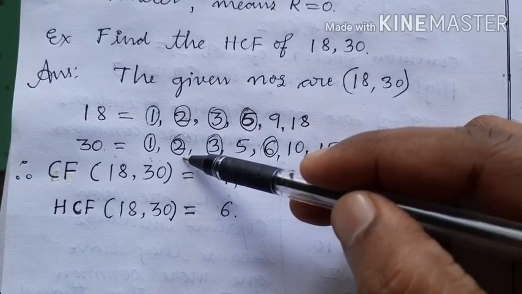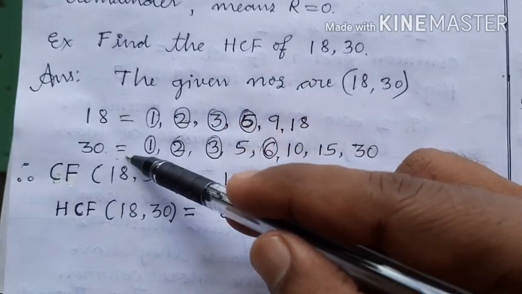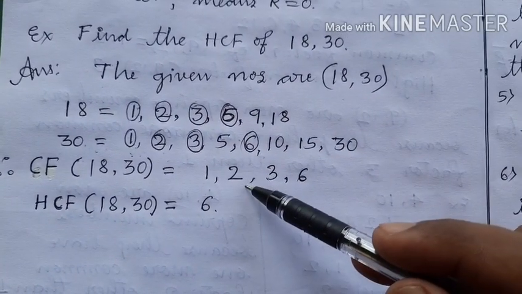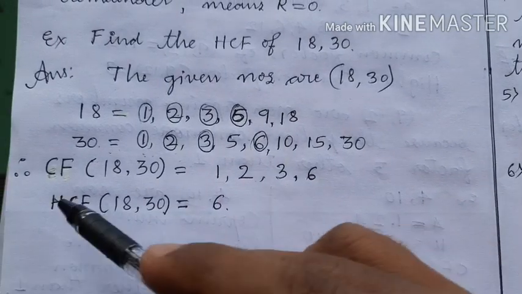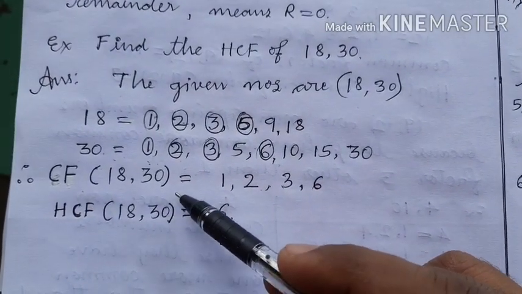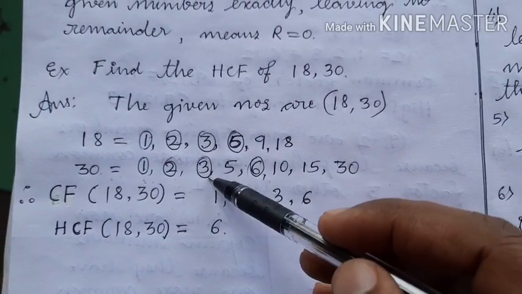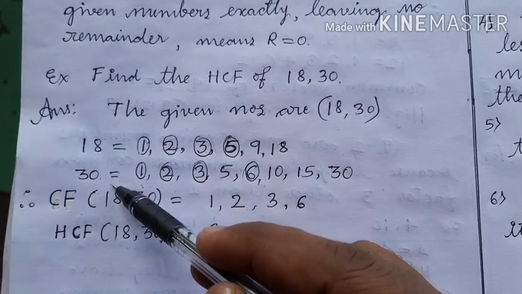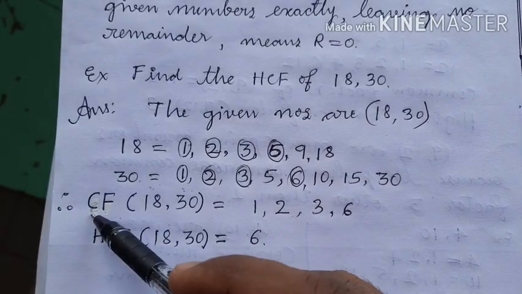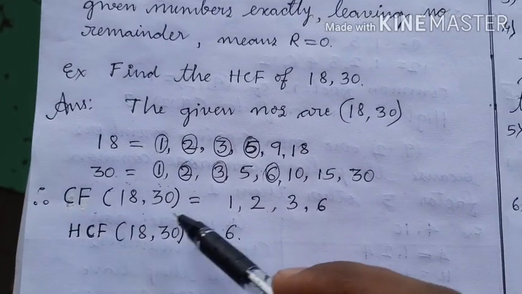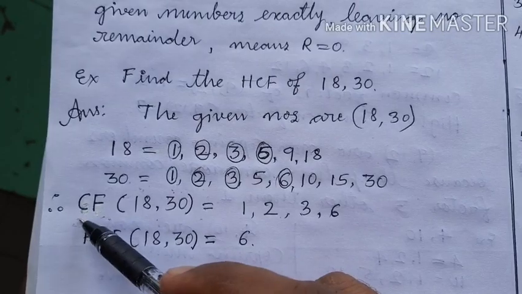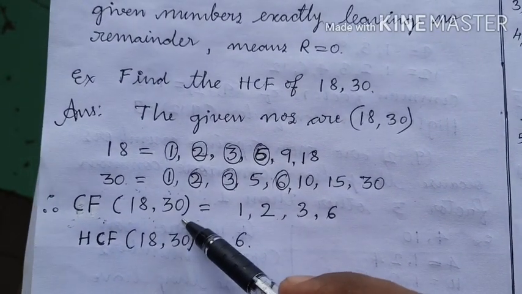Therefore, 2 is the common factor of 18 and 30. That is why I have written 2 as the common factor of 18 and 30. And now we should list the common factors of 18 and 30. I write it as CF of 18 and 30. CF means common factor of 18 and 30.